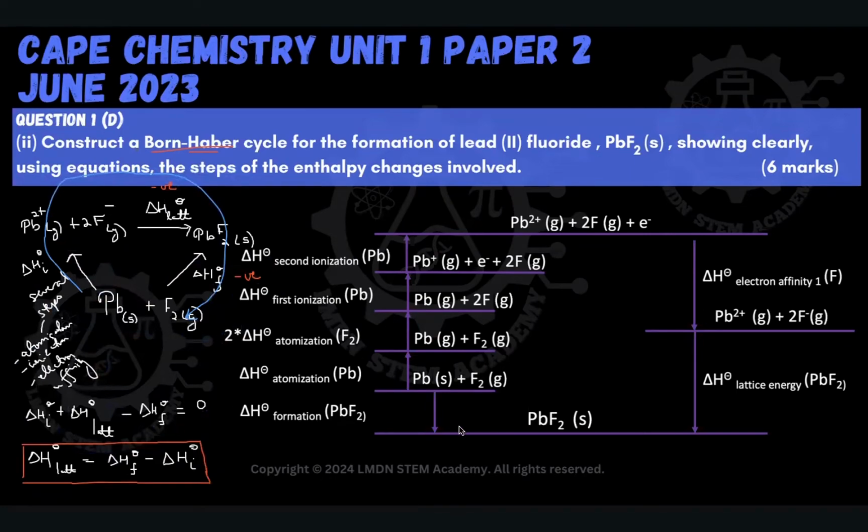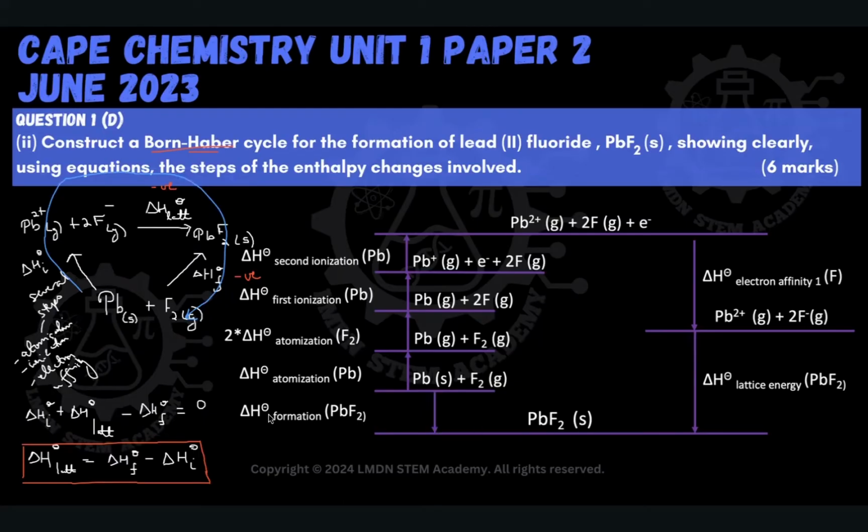The two key features that I want to point out to you immediately is that because our ΔHf° of formation is negative, we show the arrow going down. We're starting with the elements, the lead in the solid phase and the fluorine in the gas phase, and we're going to form PbF2 solid.